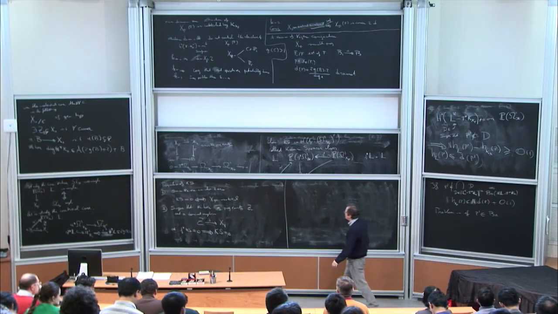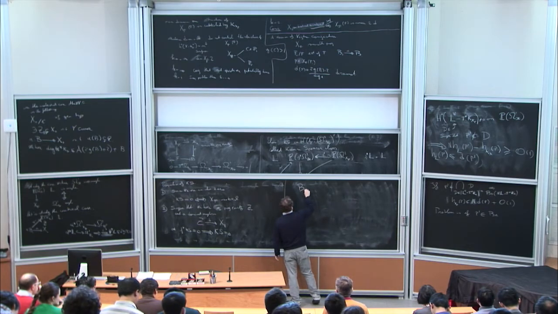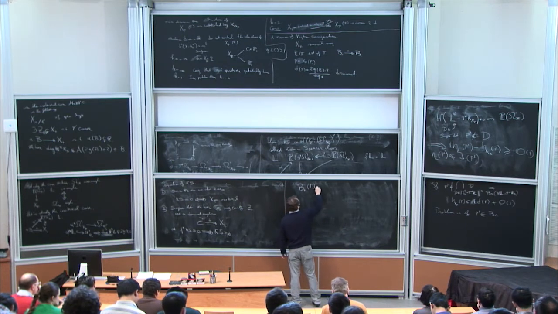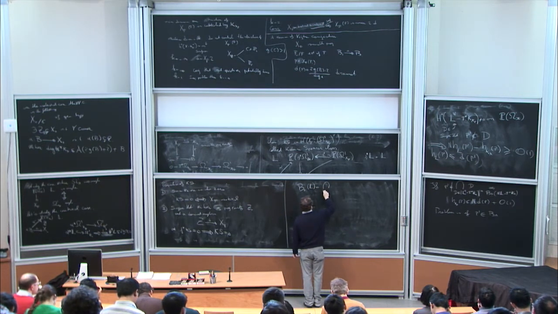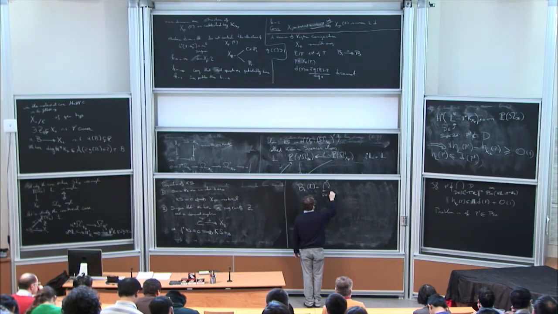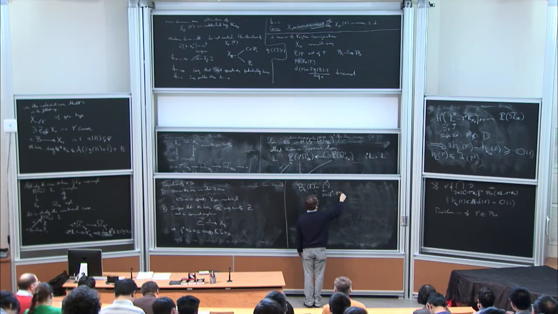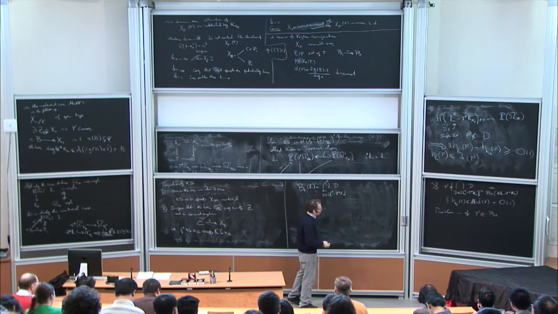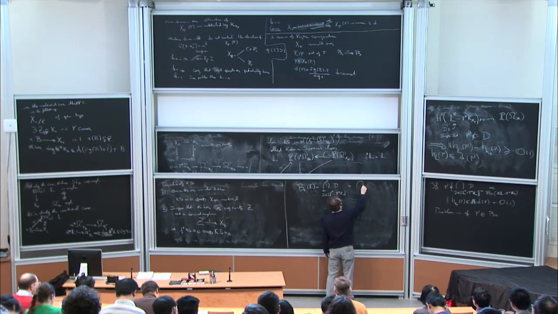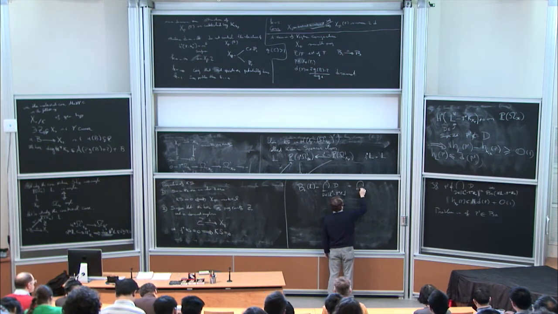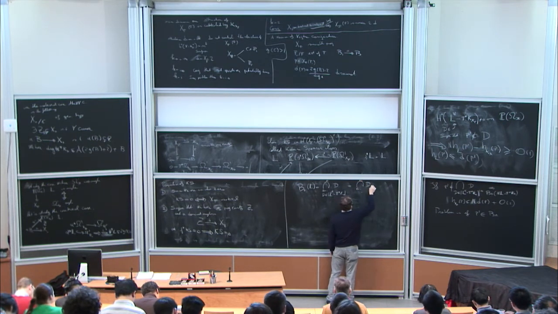I will introduce the augmented base locus B plus of L, which is exactly the intersection for n from 1 to infinity of the union of all the divisors D belonging to the linear system L to the power n minus P upper star of Kx of D. You can prove that this is actually the intersection of the same sets, but for n from 1 to some n0 of t.